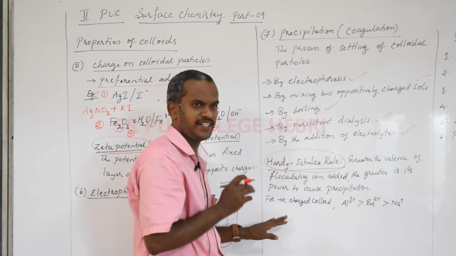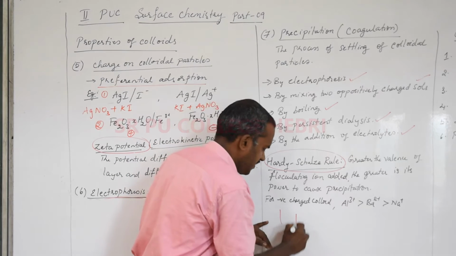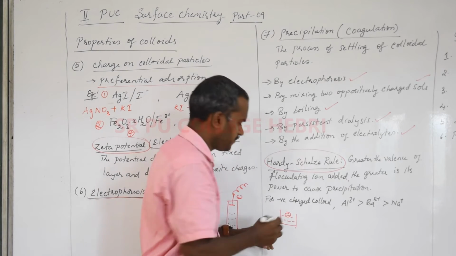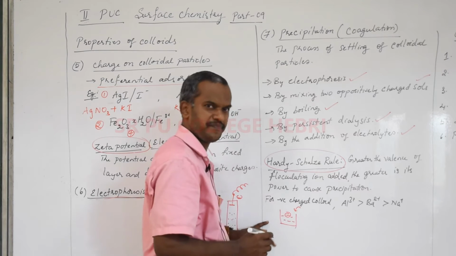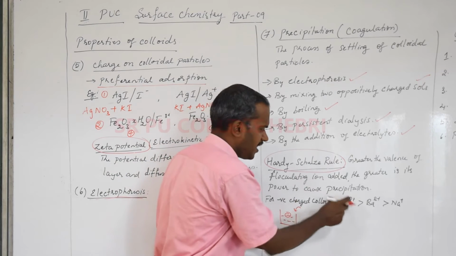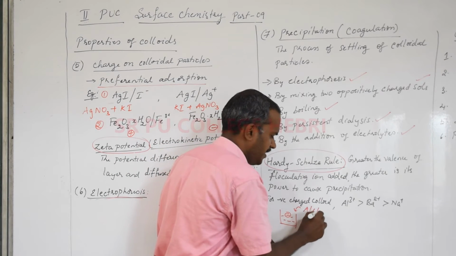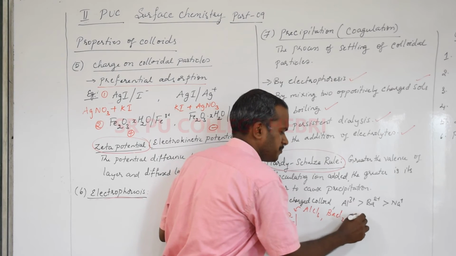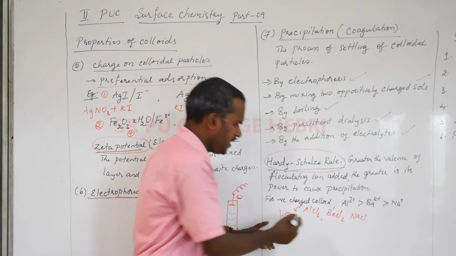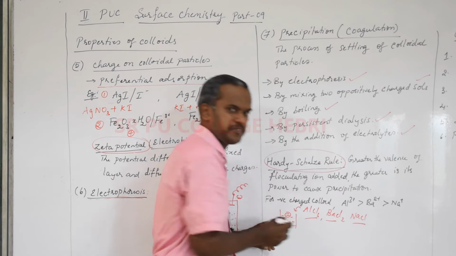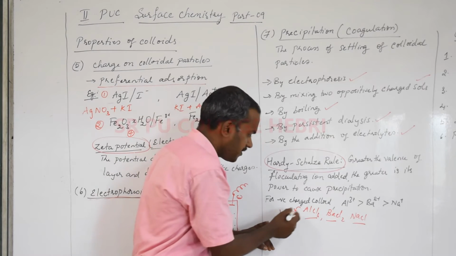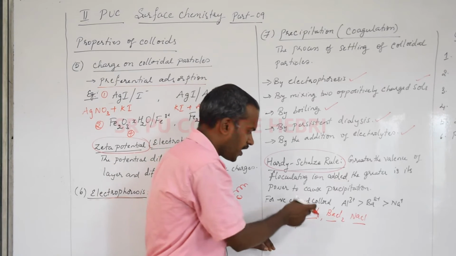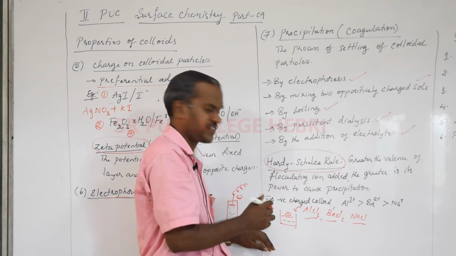Now let me give you a very simple example. I take a negatively charged colloid; the charge on the colloidal particle is negative. I can add any electrolyte to this. Suppose I add an aluminum salt like aluminum chloride, or barium chloride, or sodium chloride. By adding any of these electrolytes I can cause precipitation. But the important thing is the added electrolyte will have both ions, but one of the ions is responsible for precipitation.